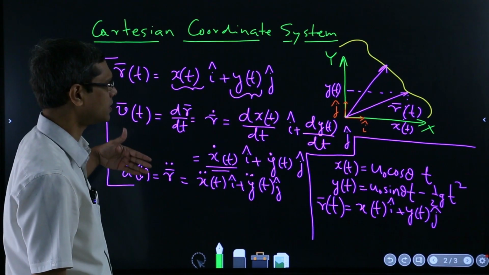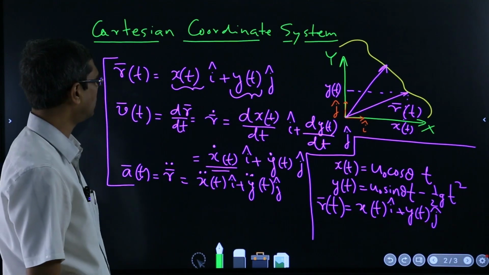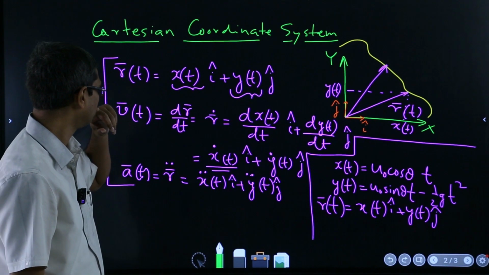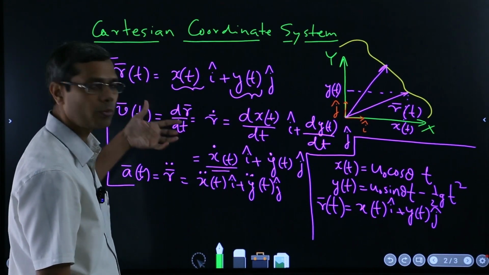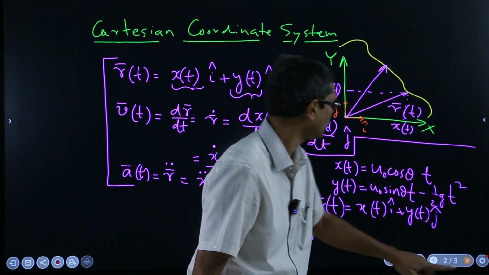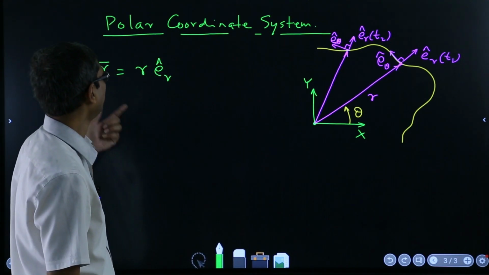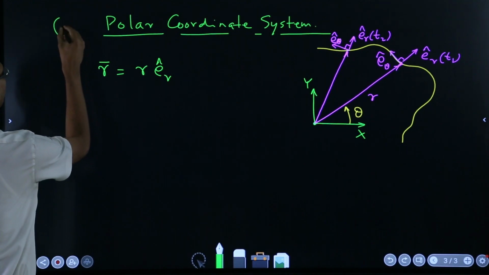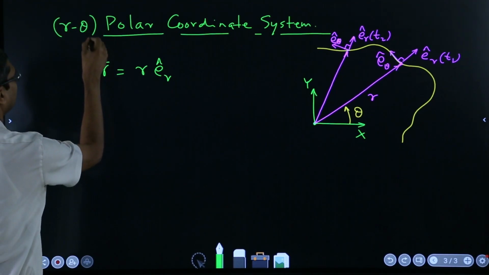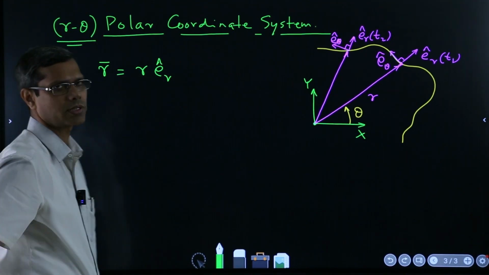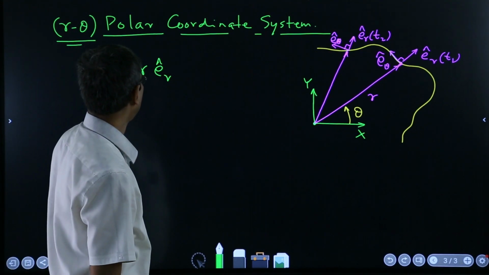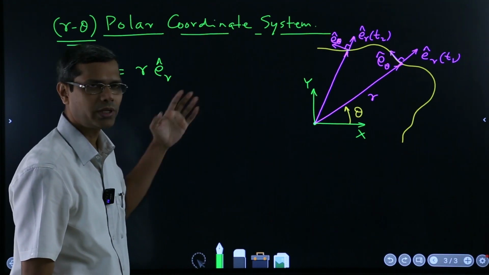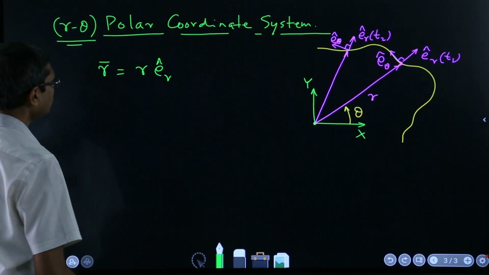So, in Cartesian coordinate system we mainly represent the component representation, but in polar coordinate system, sometimes called r theta also, okay, r theta coordinate system.